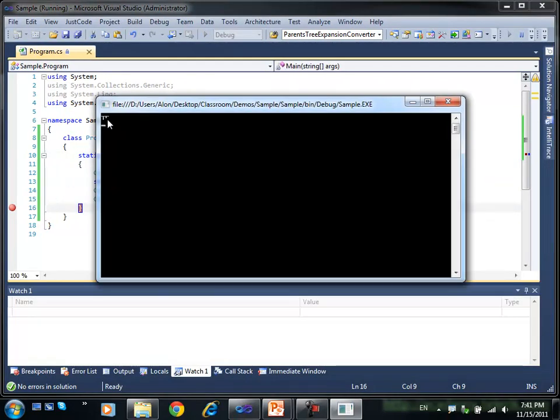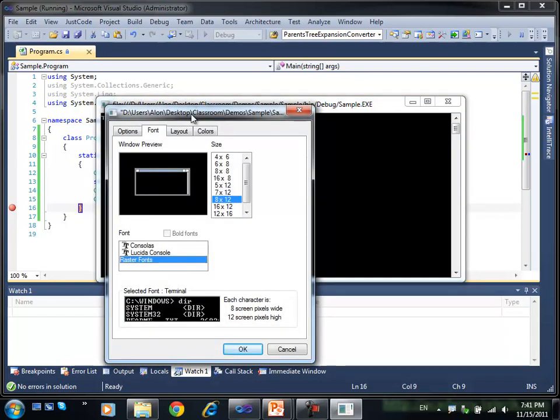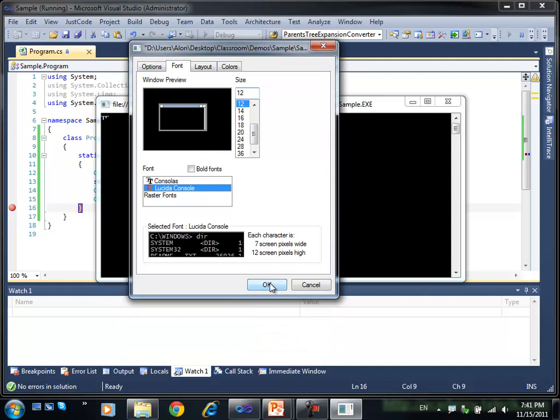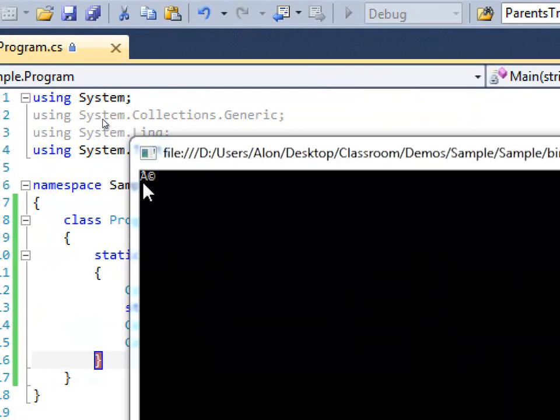So this doesn't work very well. The reason is that this console is working with a set of fonts that doesn't support Unicode format. And if it had been using such fonts, we would see the copyright sign already appearing.